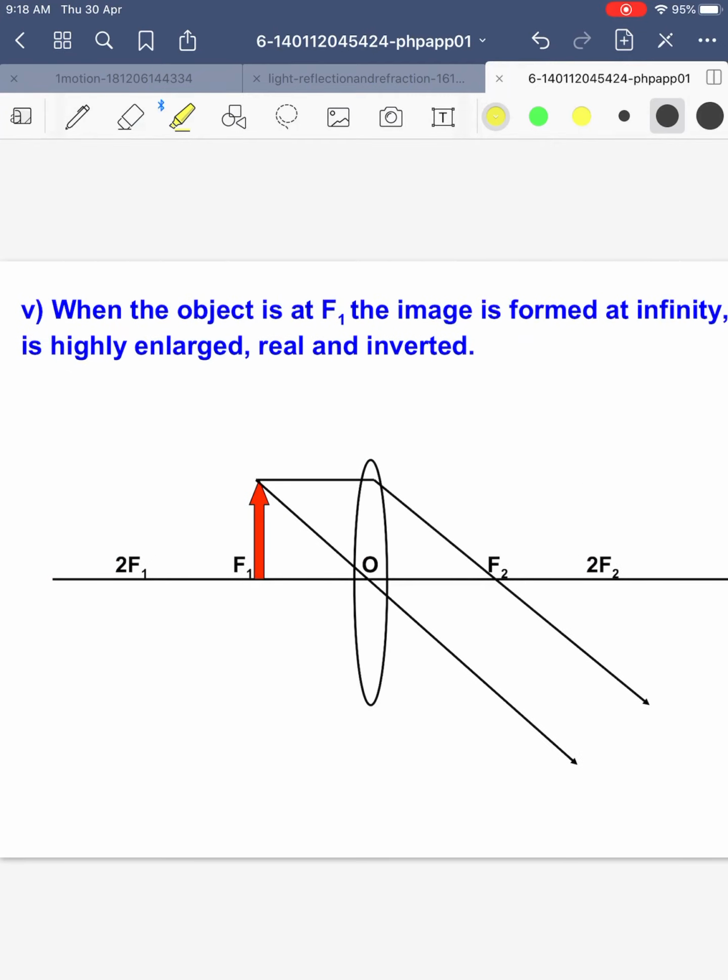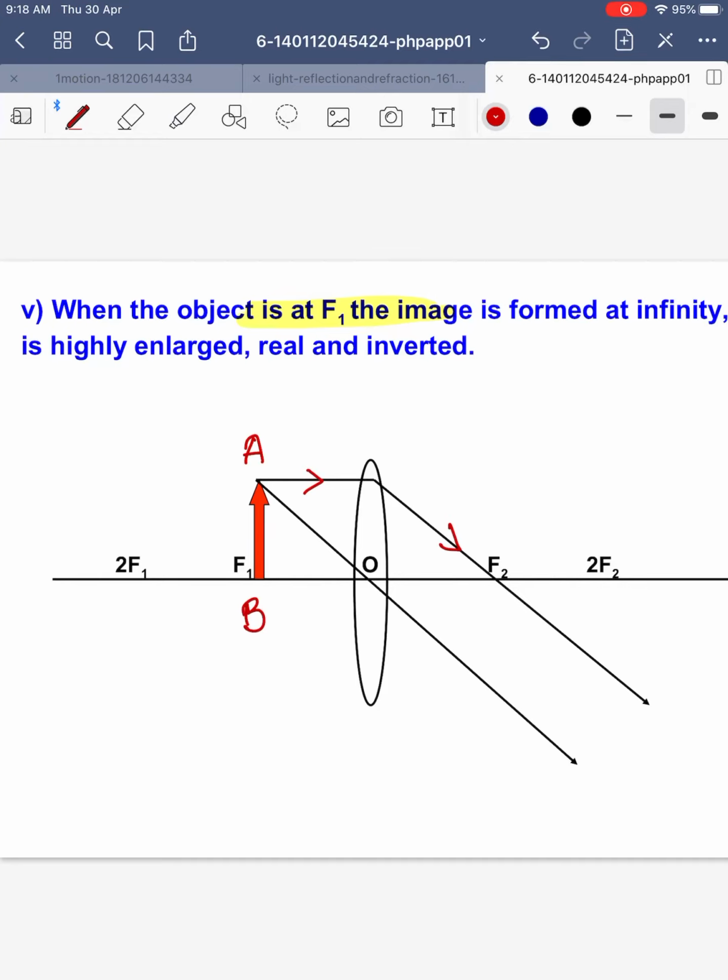Next case is when the object is situated at f1. So that will be naturally reciprocal, as in case of concave mirror. Actually the nature of images for convex lens and concave mirror is quite similar, right? So when the object is at infinity, image will be formed at focus, and when the object is at focus, the image will be formed at infinity. So again we have taken object AB, which is situated at the focus.